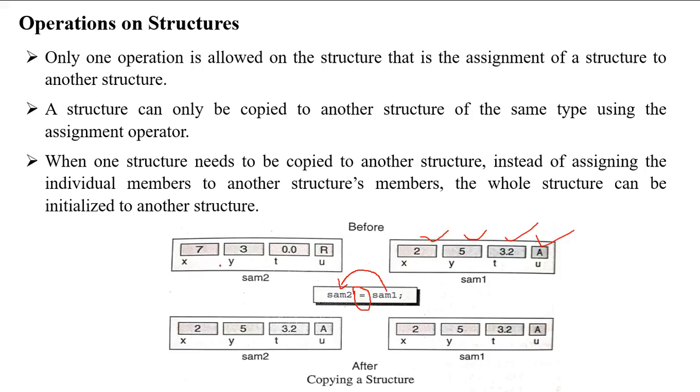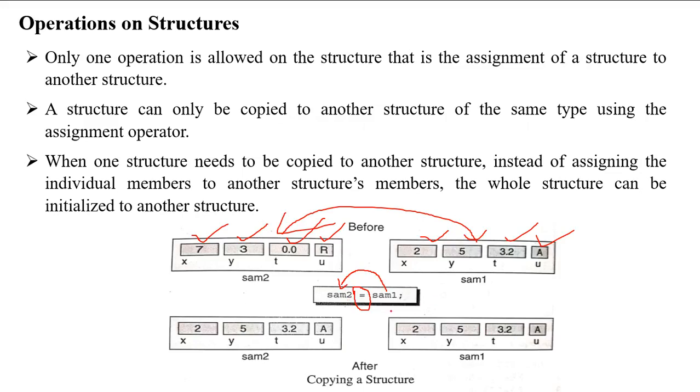SAM2 is holding 7, 3, 0, R. Clear? After the assignment operator between the two structure variables, the entire structure will be copied over. These entire field values will be copied over here.